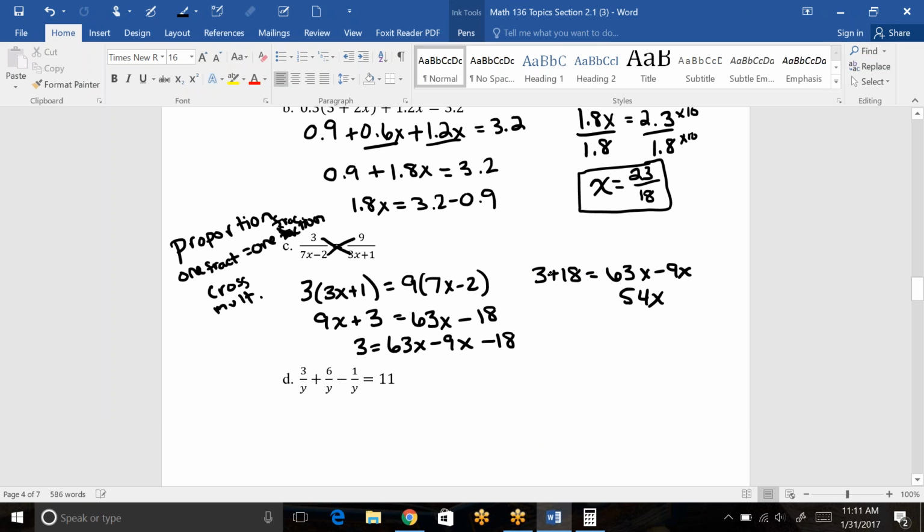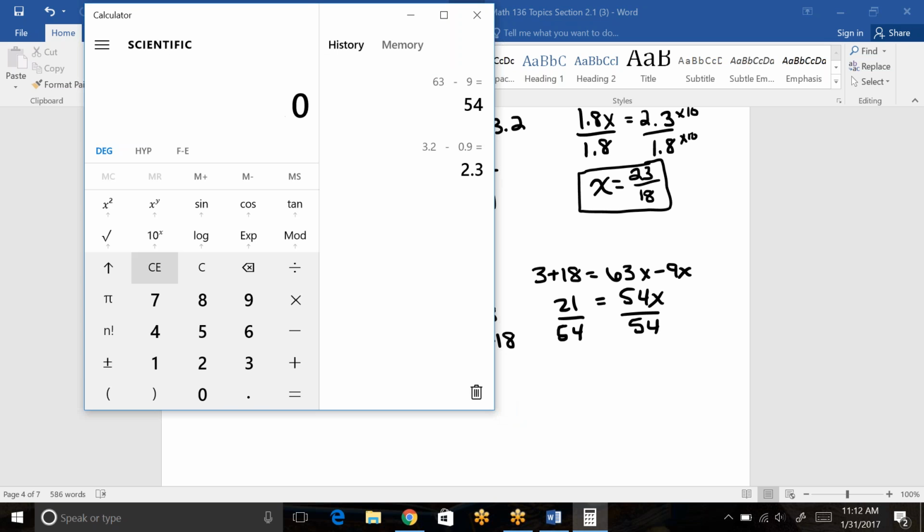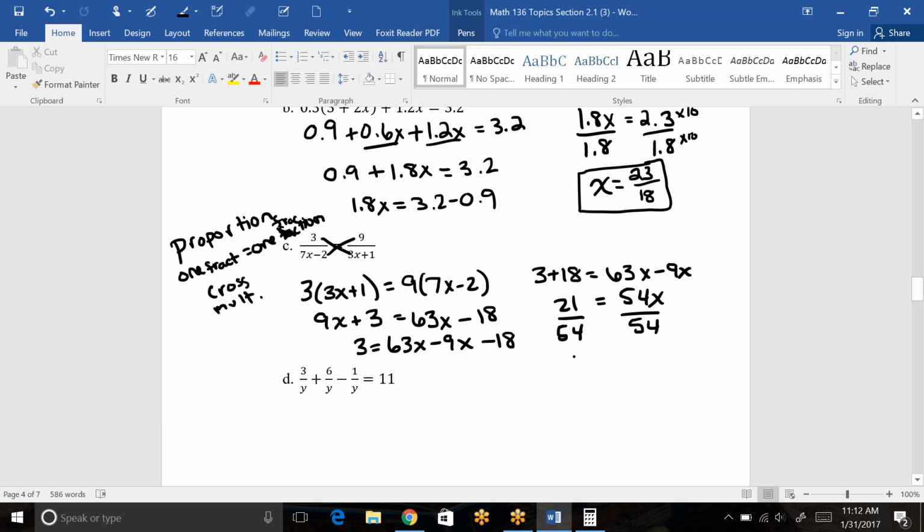I could have done that in my head. And 3 plus 18 is 21. You need to divide by the one that is next to the x because that's what we're trying to isolate. And 21 over 54, I believe, will reduce. They're both definitely divisible by 3. Yes, so if we divide them both by 3, that would be 7 over 18.